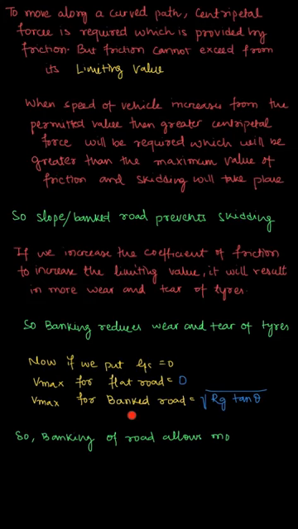But for the same condition, if we put mu s to be 0 for the banked road, we come up with some velocity, which is obviously positive. So even without friction, we can move. How does this signify practical use?